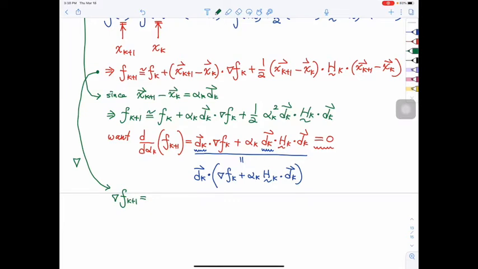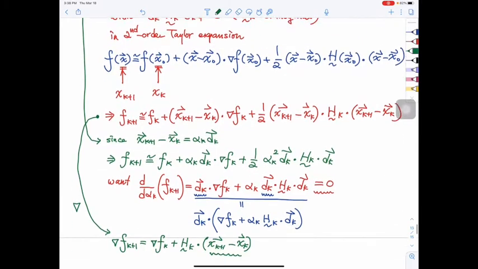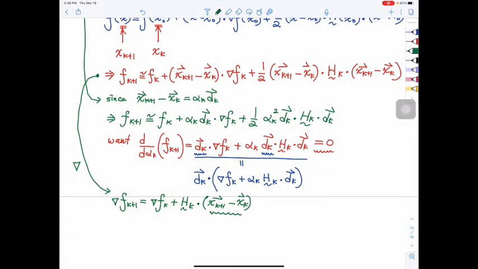What we get in the end is gradient f plus Hessian times your x_{k+1} minus your x_k, if you apply a gradient. And this is basically alpha d_k, right?